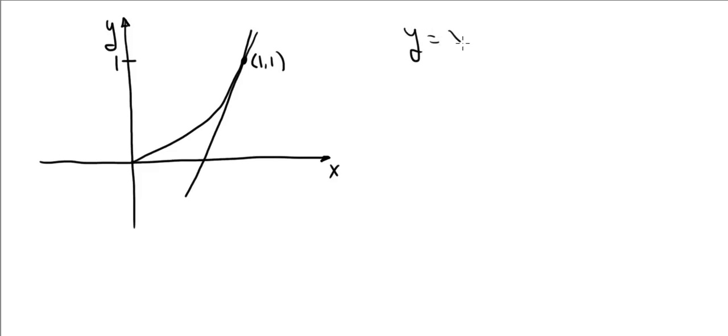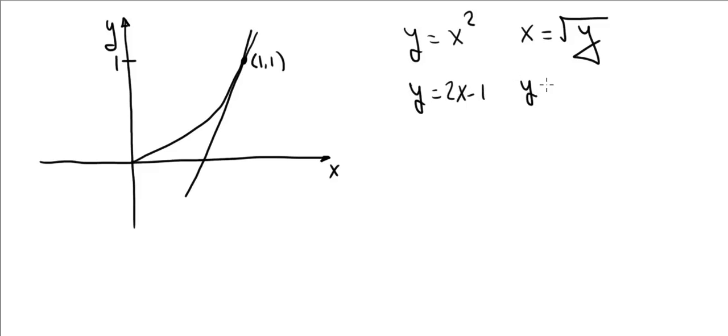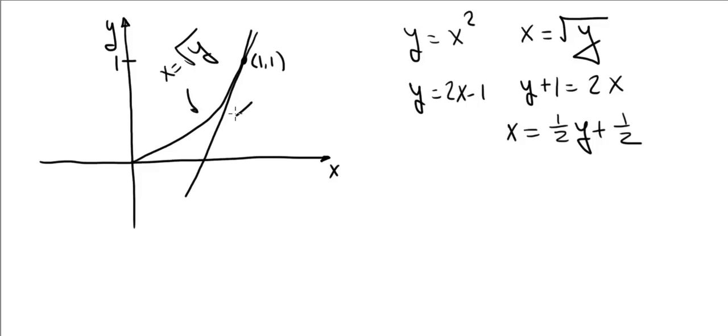If I take y equals x squared and solve for x, it's plus or minus square root of y, but because we are in the first quadrant, x will be plus square root of y. We take the line y equals 2x minus 1 and solve that for x: y plus 1 equals 2x, so x equals 1/2 y plus 1/2. So the parabola gives x equals square root of y, and the line is x equals 1/2 y plus 1/2.